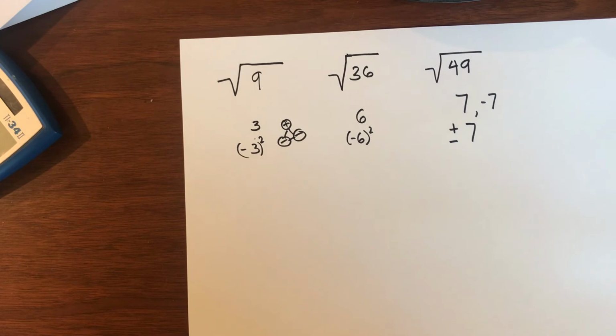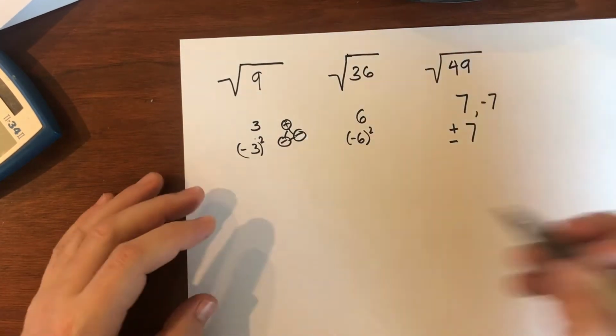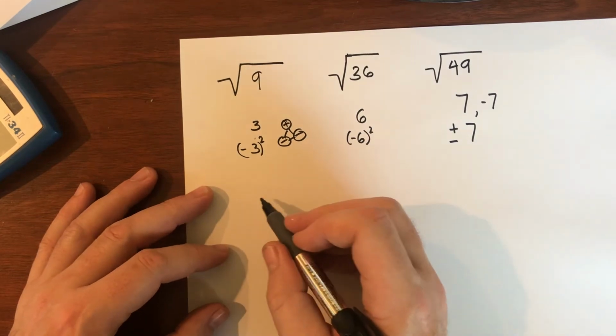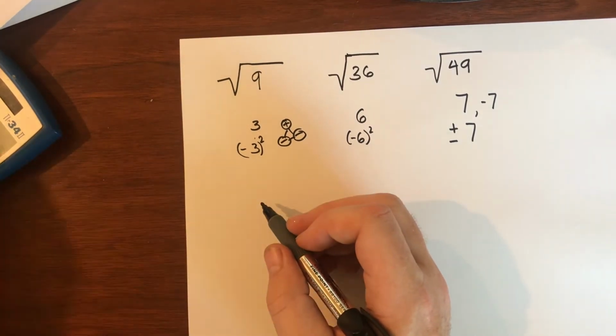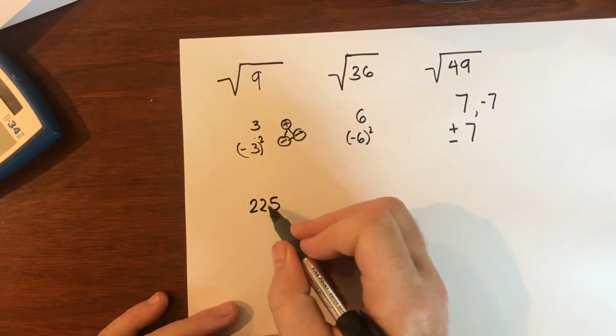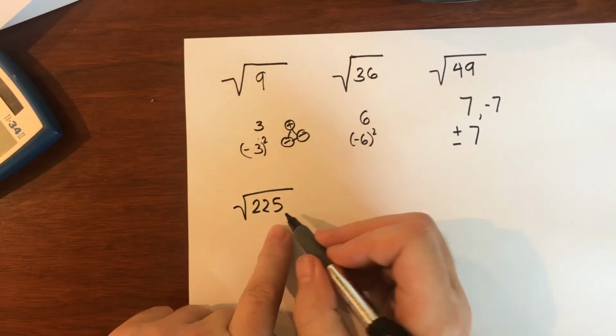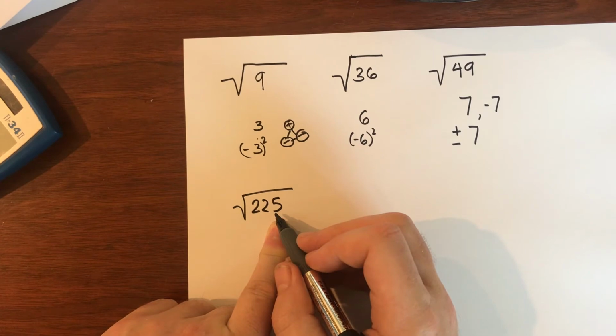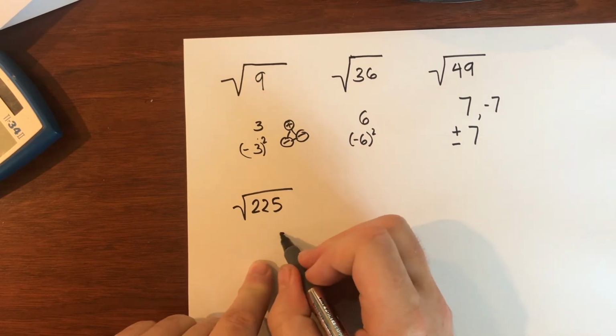That makes sense? So no matter what I give you, you're going to have to think about what number times itself is going to be that number, and then give me this symbol. So if I give you 225, first thing I want you to do is look at that end number. It ends with a 5. So what number times itself is going to end with a 5? Something that ends with a 5.